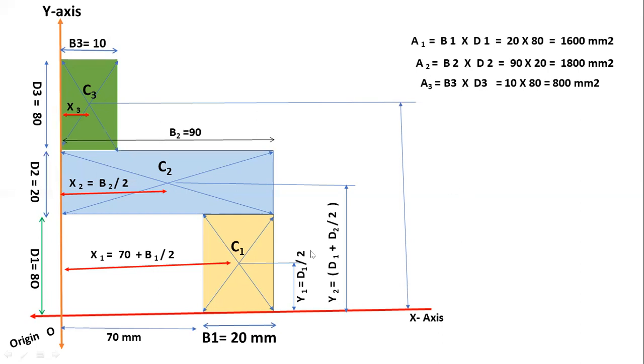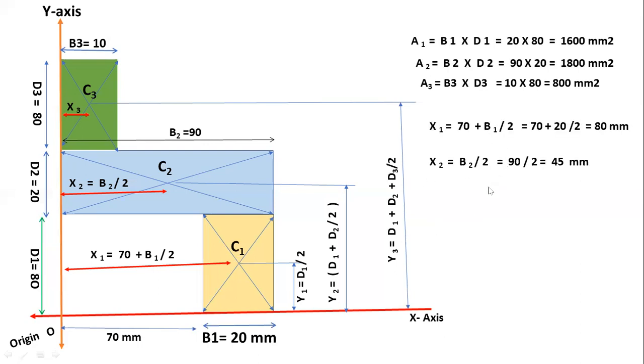That value equal to height of the bottom rectangle plus the height of the middle rectangle plus half of the height of the top rectangle, D1 plus D2 plus D3 by 2. This one is x1, this one is x2, this one is x3. And this one is y1, this one is y2, this one is y3.